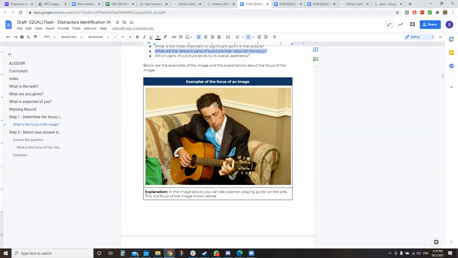Obviously, you look at this guy here, a guy playing a guitar on a sofa. There are two things that don't fit in this picture, and if I remove them, the picture will look perfect. What are the two things you think? This green color bag and card. And the plastic, right? Yeah. Very good. And you don't have an issue removing them because the surrounding is just the sofa.